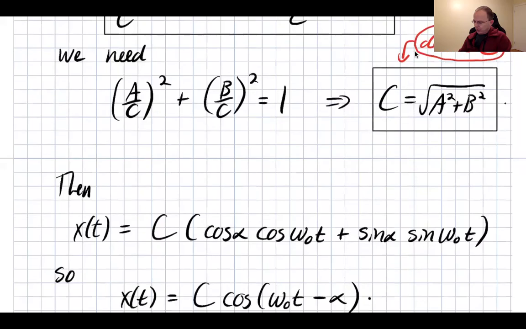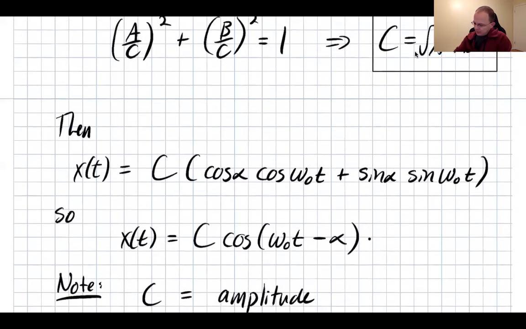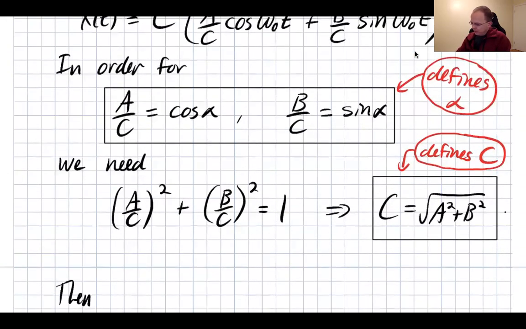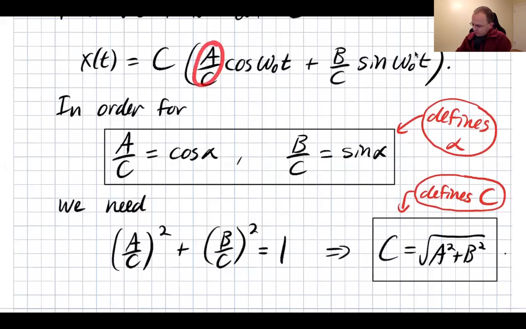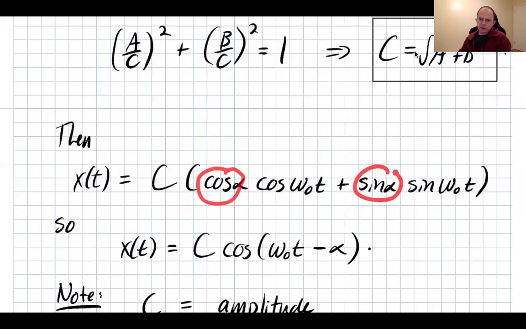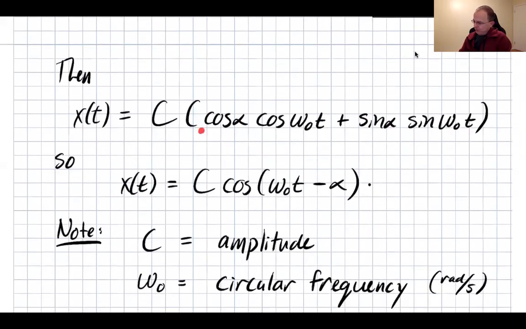Okay, so now that we have this a over c term is going to be cosine alpha, and b over c is sine alpha, then we make that substitution. So there's cosine alpha, sine alpha, and then we use that trig identity, and that will let us rewrite this term in parentheses as cosine of omega t minus alpha.